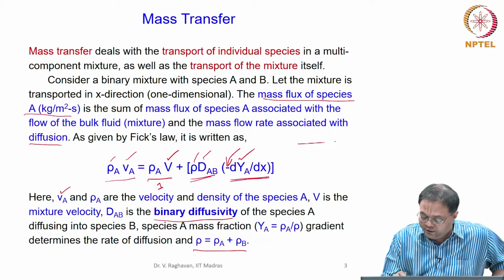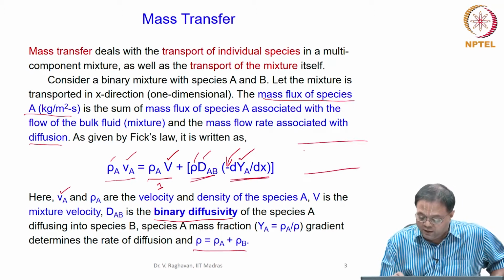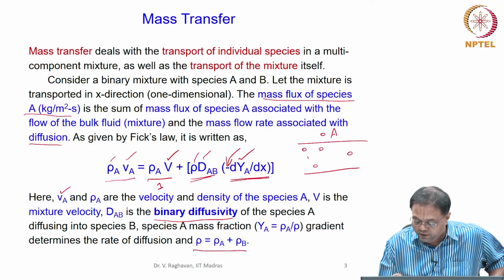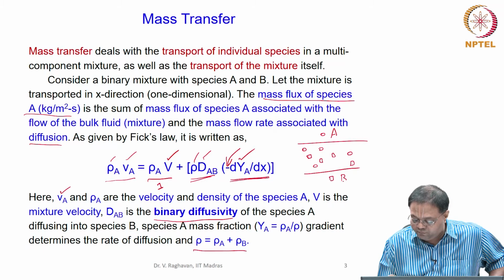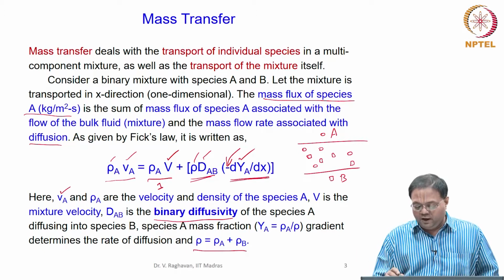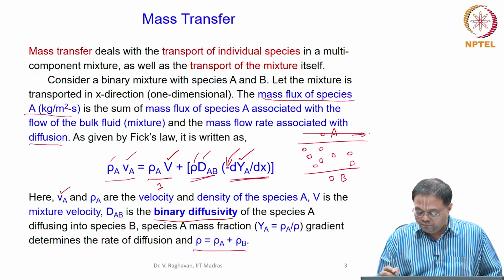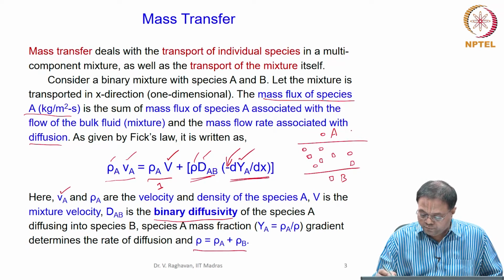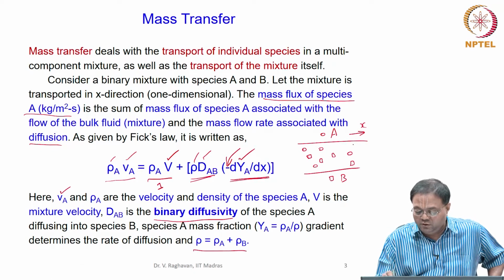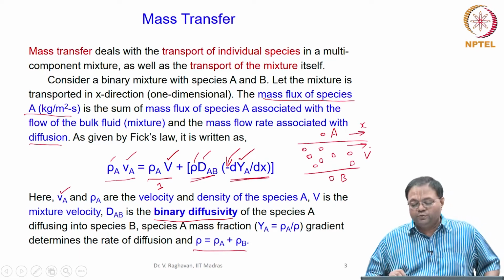So let us take a duct for example, and let us say the circles represent species A and the squares represent species B. So this is a binary mixture. There are several molecules of A and B, and there is a flow. This is the x direction, and the velocity of the mixture in this direction, let it be capital V, like what I have written here.